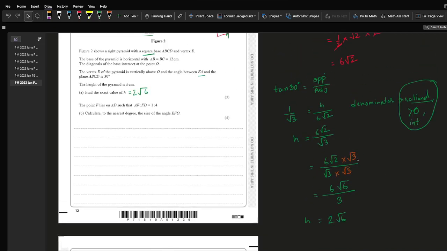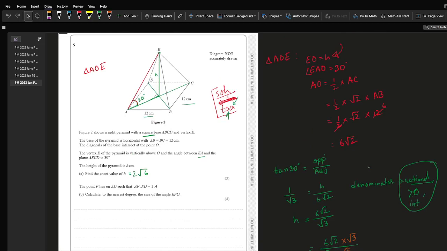Let's look at the next part of the question. The point F lies on AD such that AF is to FD is equal to 1 is to 4. Lies on AD. Since AF is to FD is 1 to 4, the point is right here.